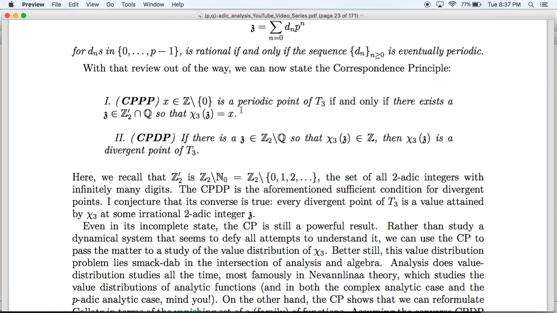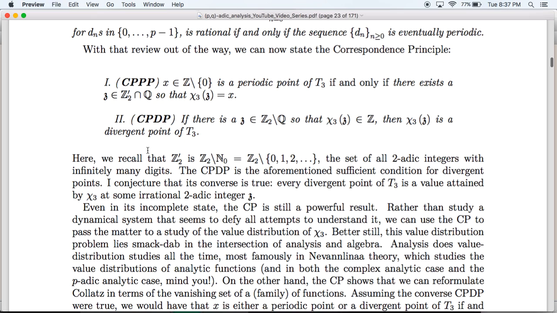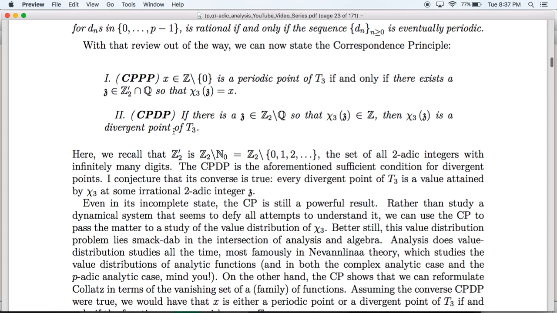And if x is an integer, that function will vanish if and only if z is a periodic point or divergent point. Also, just when I'm talking, for convenience, I'm going to treat the converse of the CP-DP as true. So whenever I mention divergent points and periodic points, keep in mind the caveat that the converse has yet to be proven. So we have the vanishing set problem.